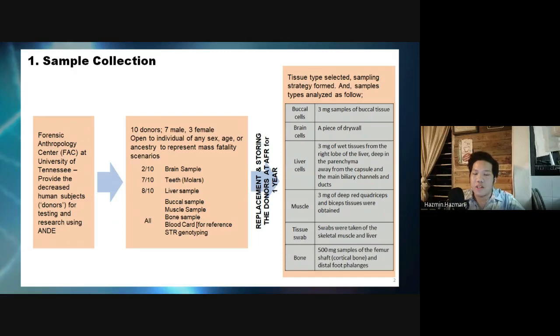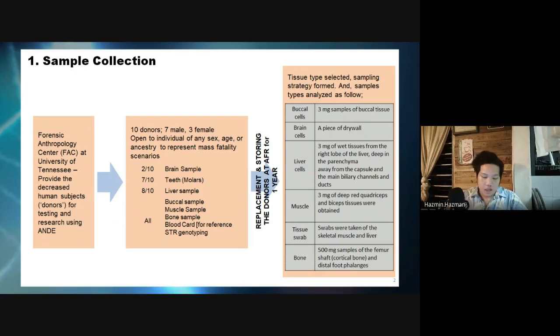the Forensic Anthropology Center, FAC, at the university intends to provide deceased human subjects. They can act as donors, supporting the research. The article states that it has 10 donors, 7 male and 3 female, and they are used to present a mass fatality scenario.